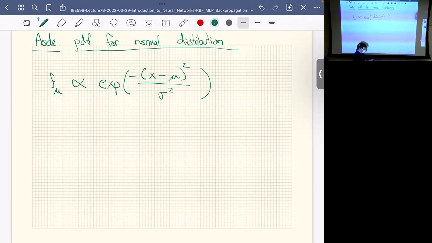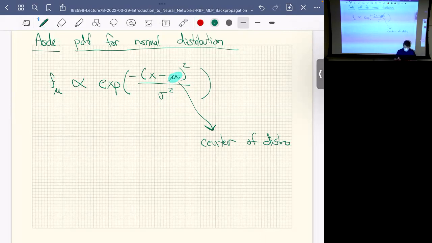But the point here is that a normal distribution is just an exponential decay applied to a squared distance. So in a normal distribution, what you've said is there's a special point, mu. This is kind of a center of a distribution. And as you get farther away from the center of that distribution, the probability density falls off.